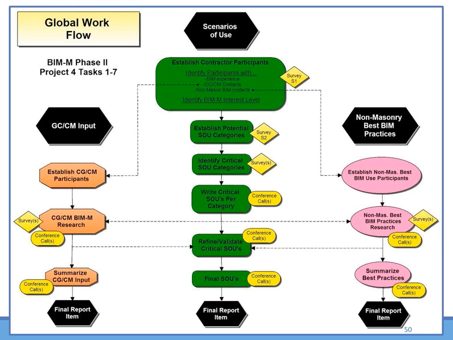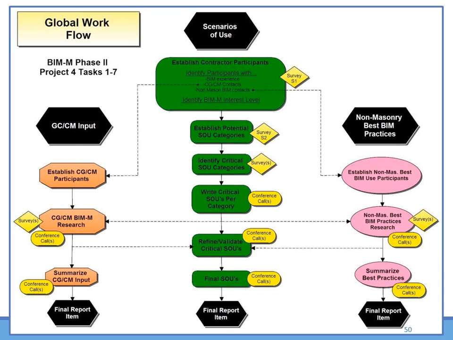While we've been forming the work group, we've been doing some work and trying to identify the work path for the group. You can see we have 3 columns here, which represent the 3 areas we're going to focus on. GC, CM input on the left, and on the right is some non-masonry practices we're going to look into.